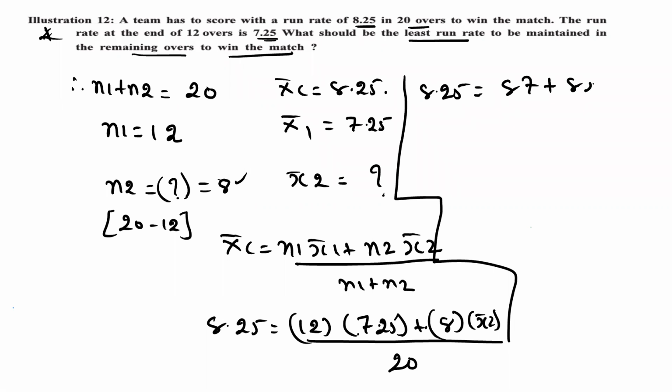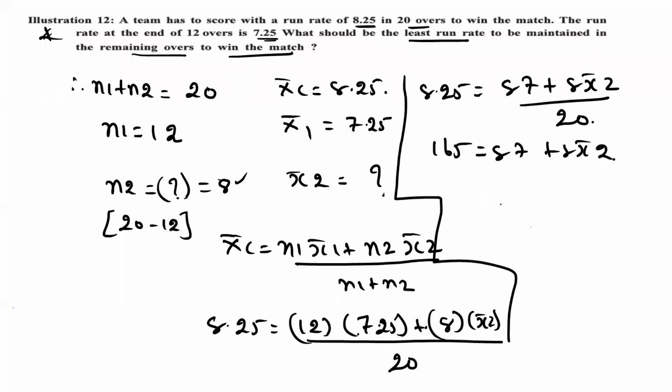Plus 8 x bar 2 upon 20. Okay, now continue. First we will do the cross multiply. 8.25 into 20 is 165.